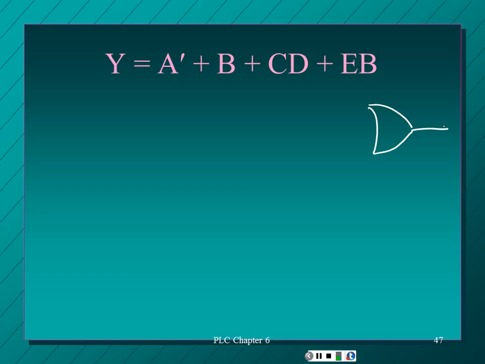So we have an OR gate. What is the rule for an OR gate? How many legs must an OR gate have? At least 2. So I have 4 groups. Can I make a 4-leg OR gate? Why not? They make them.